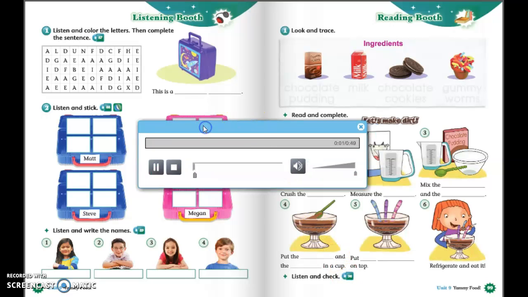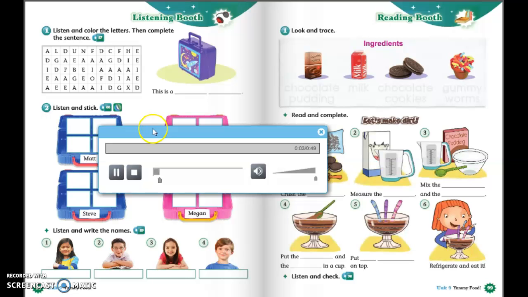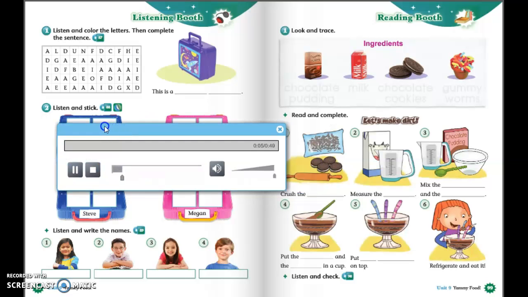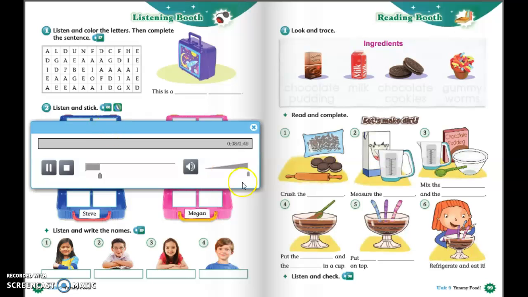Track 90. Let's make dirt. 1. Crush the cookies. 2. Measure the milk. 3. Mix the milk and the pudding. 4.